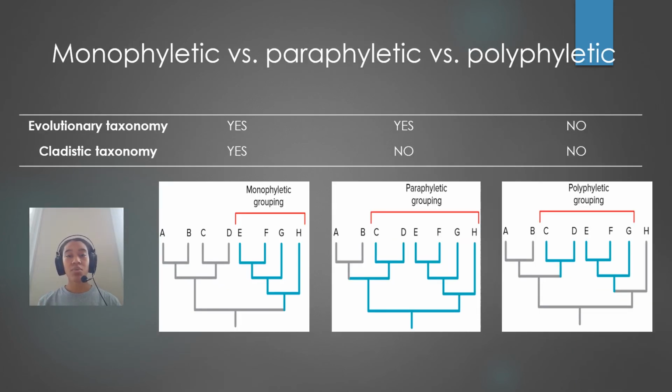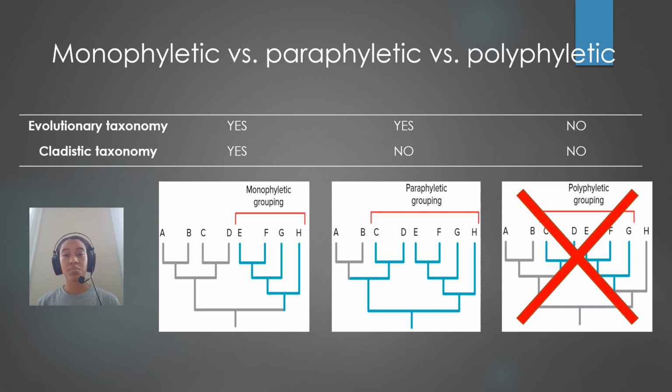As an overview, going from right to left: if you're an evolutionary taxonomist or a cladistic taxonomist, you do not recognize polyphyletic groups as valid, because they break the first rule of evolutionary relatedness. In an evolutionary taxonomy, the members must all share a common ancestor in that grouping, and the same goes for cladistics.